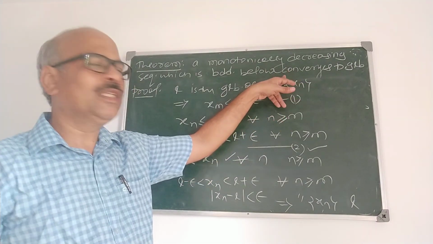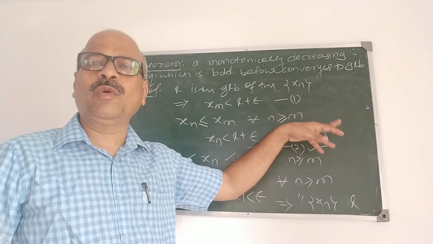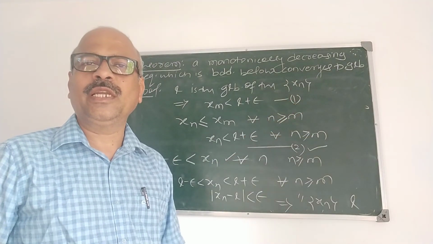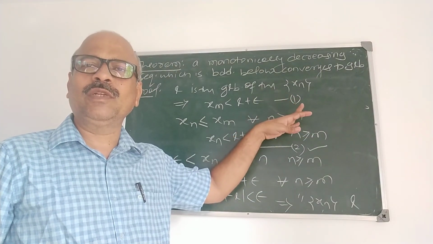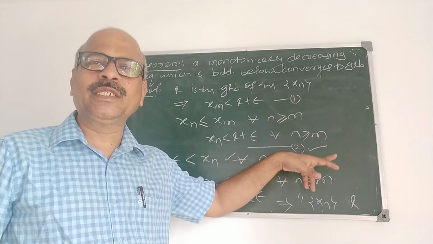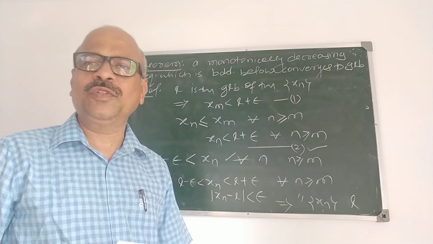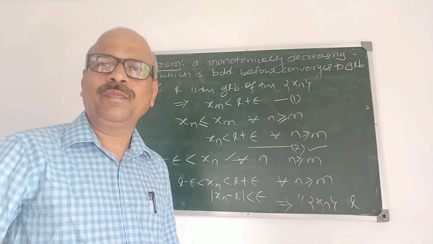Suppose the sequence is monotonically decreasing and it is not bounded below, then what happens? It diverges to minus infinity. As in the case of increasing sequences, if the sequence is decreasing and not bounded below, then it diverges to minus infinity. You try to prove that one. Okay, thank you.